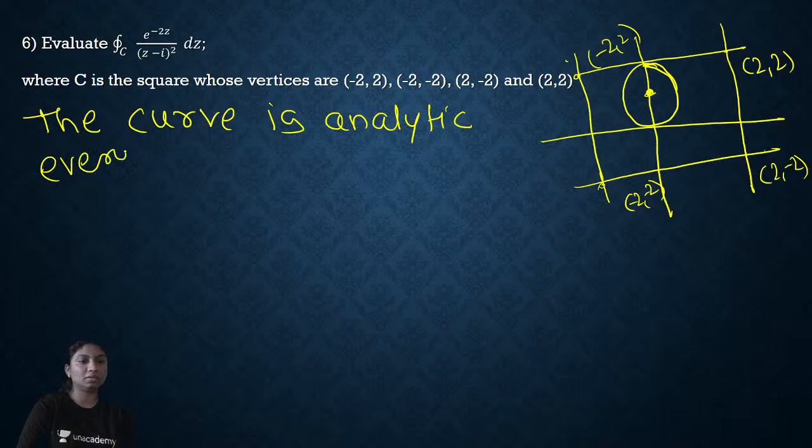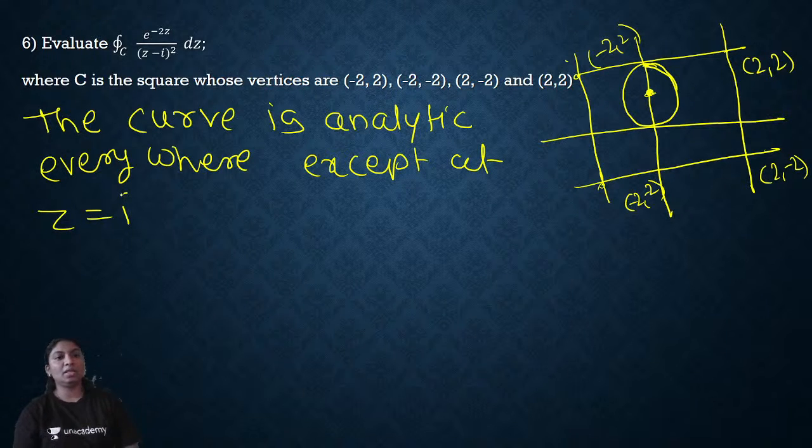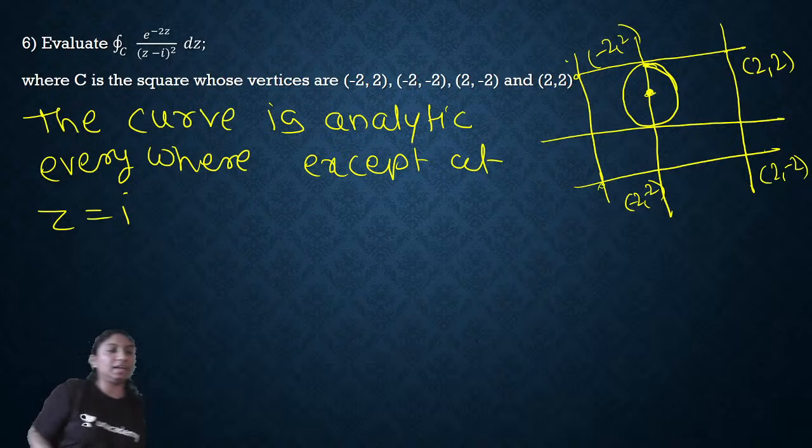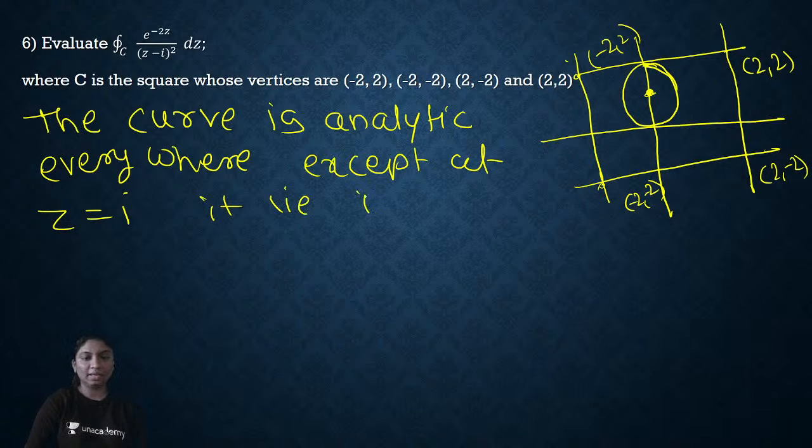Okay, the given curve is analytic everywhere except at z is equal to i, and z is equal to i is a pole of order 2, and z is equal to i lies inside the bounded region, right? It lies inside the bounded region.